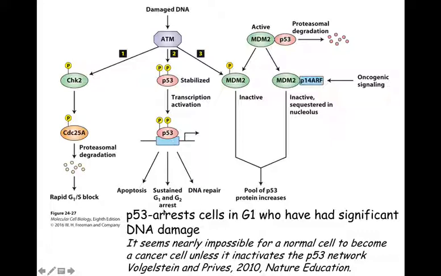At the same time, it'll stop the cell in G1 or G2. But most of the time, we're talking about the transition from G1 to S. So P53 is saying stay in G1, give yourself a chance to repair. And if the cell can't be repaired, activate apoptosis.